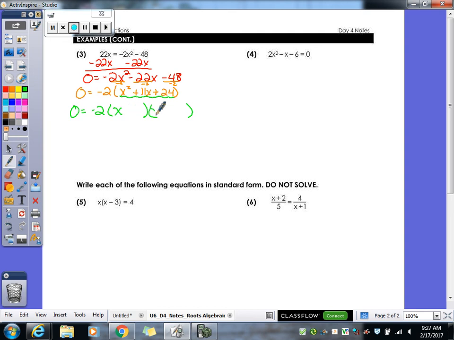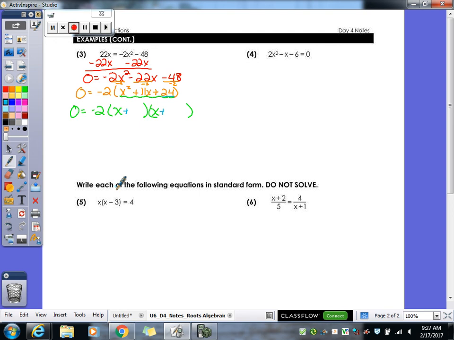So we're going to start off with x and x to give us our x squared. Will the signs be the same or different? Same. Both what? Positives. So we're looking for what multiplies to give us 24, but adds to give us 11. Who remembers the trick I taught you to help you find your factors if you can't remember them?